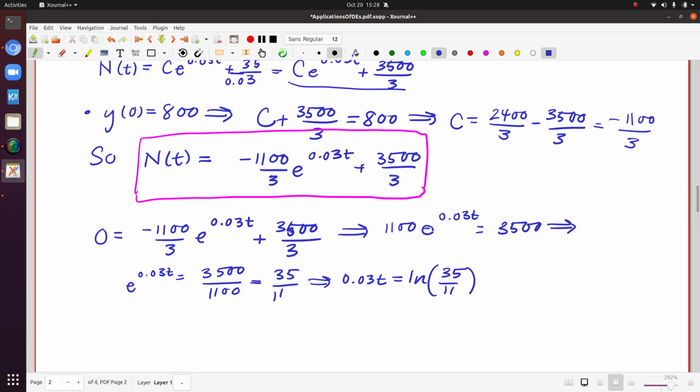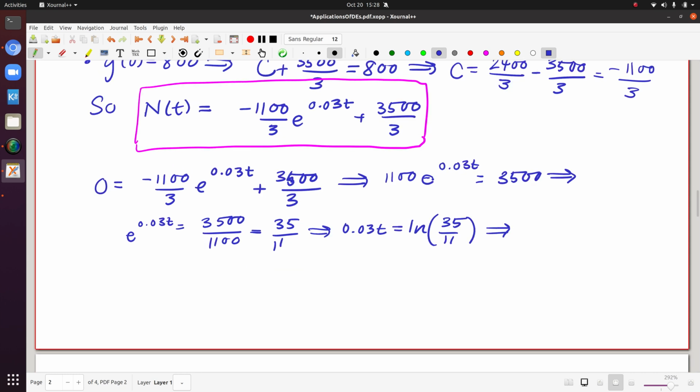And if I divide both sides by 0.03, we get t equals 1 over 0.03 times the natural log of 35 over 11. And of course, that's not a terribly nice way to look at that. If I were to evaluate this on a calculator or computer, we find that this is roughly 35.58 years.